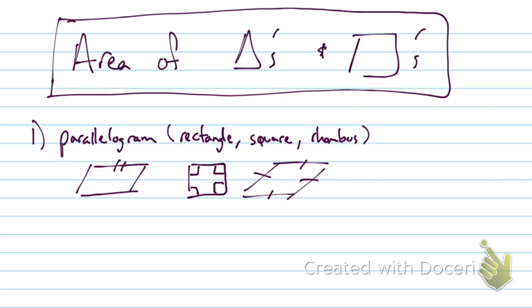This is a parallelogram. What am I missing? A rectangle: opposite sides are parallel and equal, and it has right angles. So all these things have the same equation. So here's all the parallelograms.